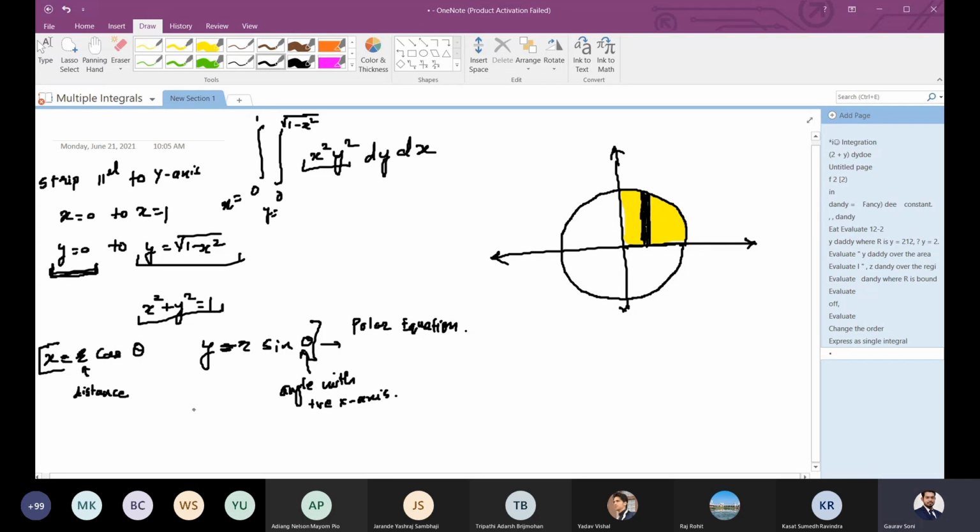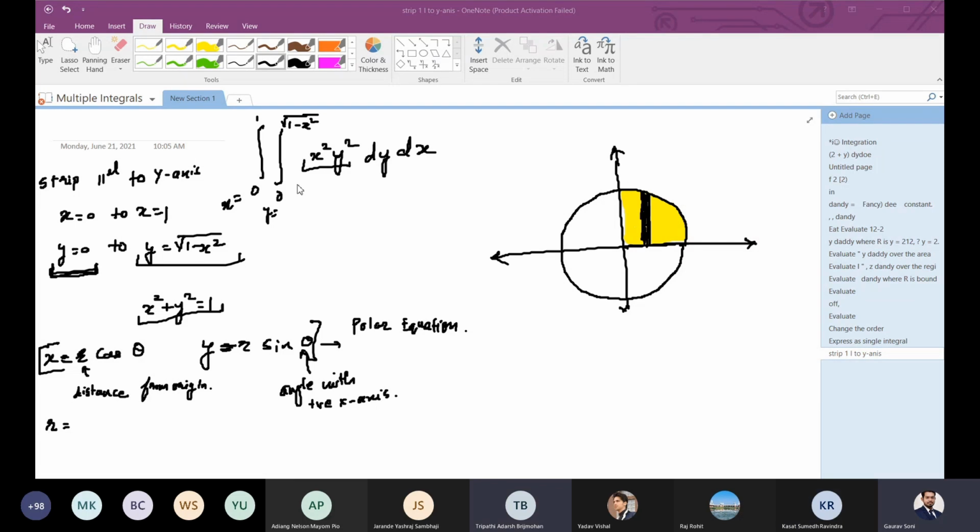So from the area, can you tell me what is the value of r in your area? R is the distance from origin, and theta is the angle with positive x-axis. So you need to look at your region. In that region, you have to think what values r can take. Sir, r will vary at every point.